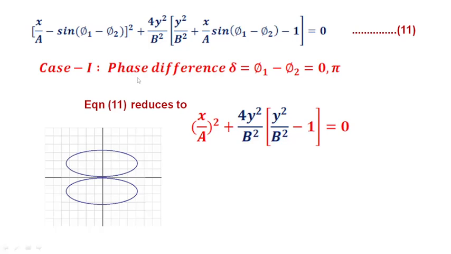For case 1, phase difference δ = φ1 − φ2 = 0, π. Then equation 11 reduces to (x/a)² + 4y²/b² (y²/b² − 1) = 0. So the waveform will be like this as you are observing in the diagram.